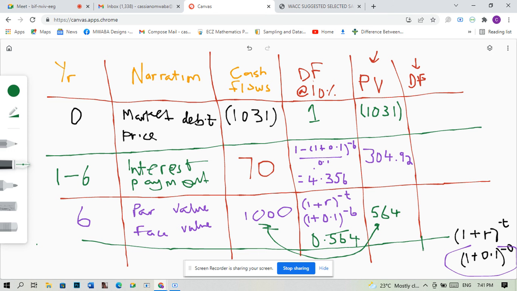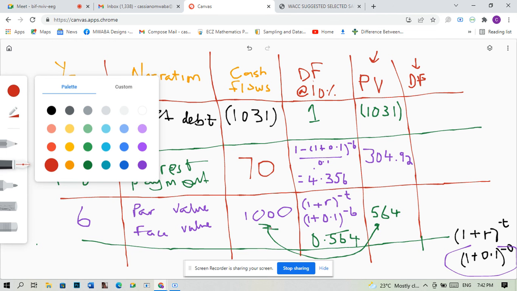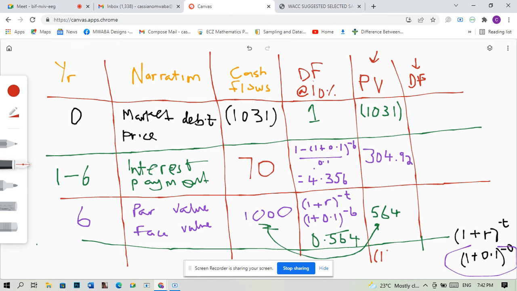We're going to say negative 1031 plus 304.92 plus 564, and we're going to get negative 162.08.